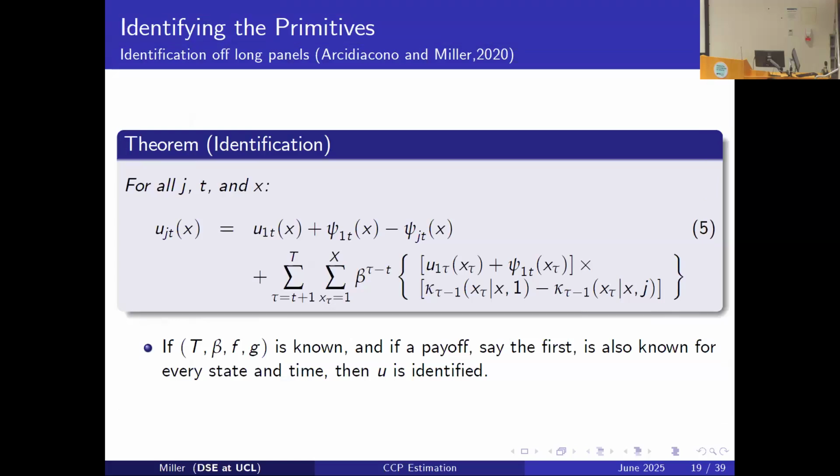Subject to that, suppose you normalize, okay? Suppose you do what I've just said. And then we ask, can the rest of it be identified? The answer is yes. In other words, providing we normalize one of the choices, say the first, then U is identified.